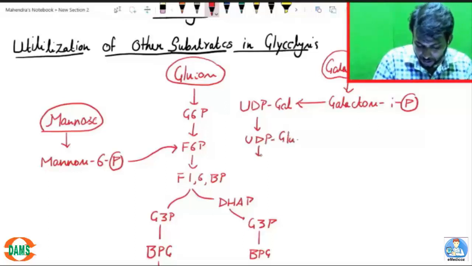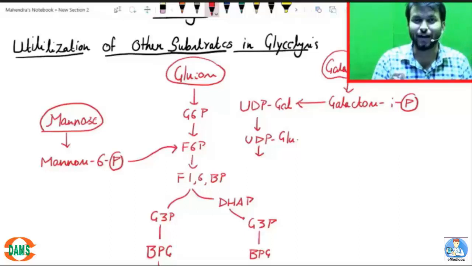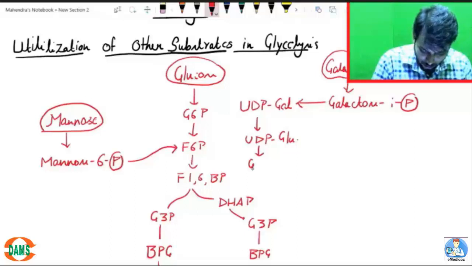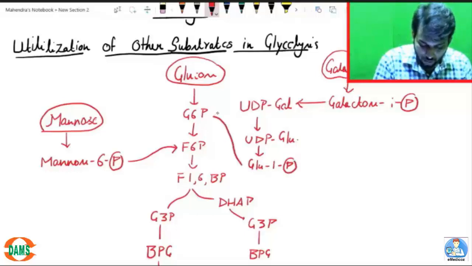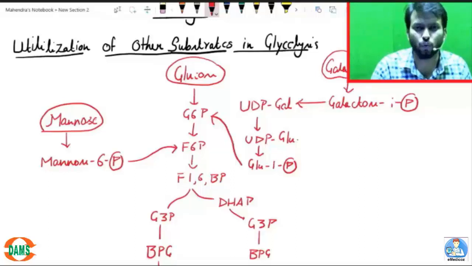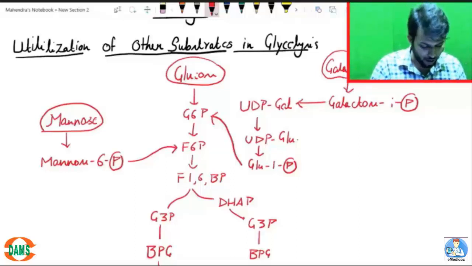When UDP gets aside and glucose is free, it is converted into glucose 1-phosphate, which can enter through the glucose 6-phosphate pathway. So these are the sugars that enter into the glycolysis pathway.